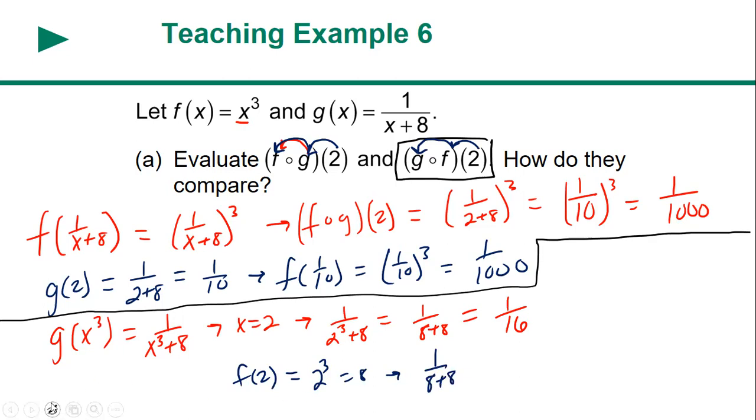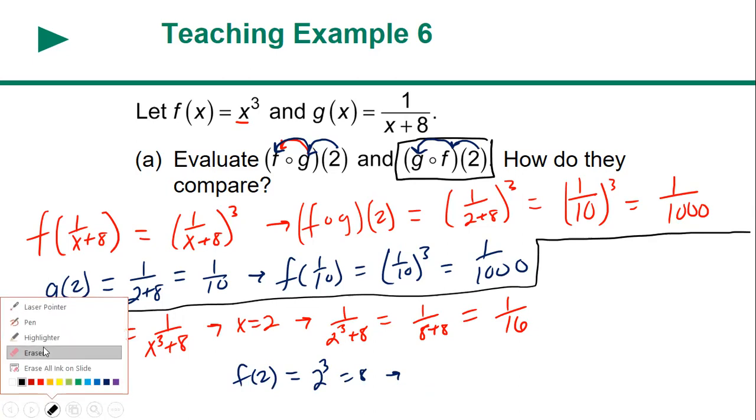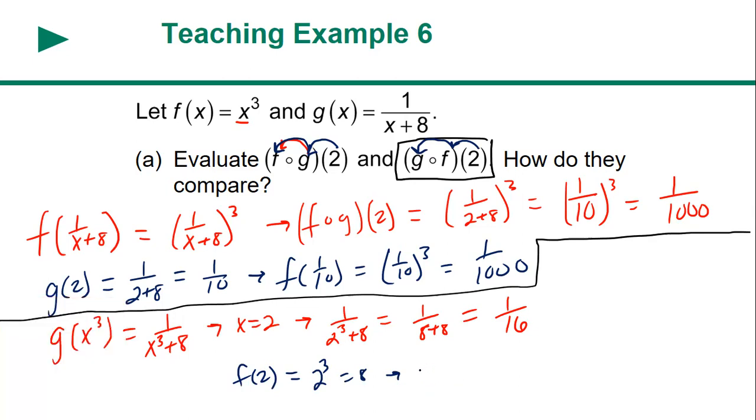I forgot to write it out. Hold on. So that gives me G of 8, which gives me 1/8 plus 8, which equals 1/16. Okay, I want you to see both so you can choose which way you want to approach it.